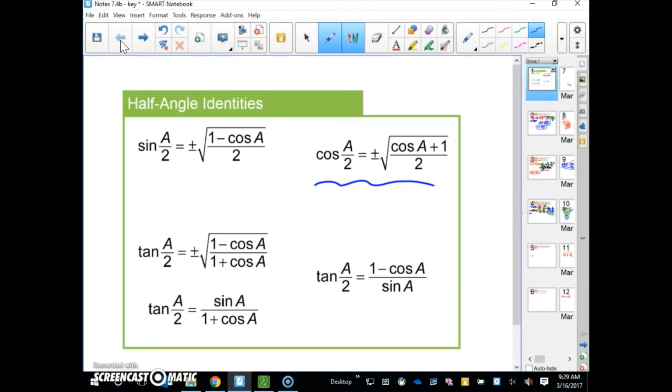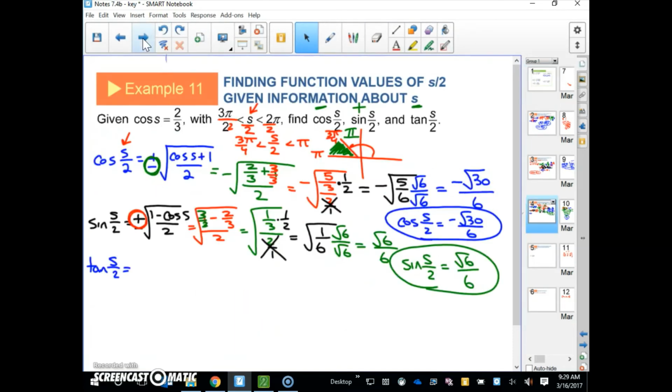But I would probably want to stay away from the ones with the sine in it, because I don't know anything about sine. I guess I could figure it out, but I would probably want to use the one that just had cosine in it, because this problem gives me cosine s was 2/3. So normally what I would do is look at this plus or minus square root of 1 minus cosine s over 1 plus cosine s, and just do kind of the same process.